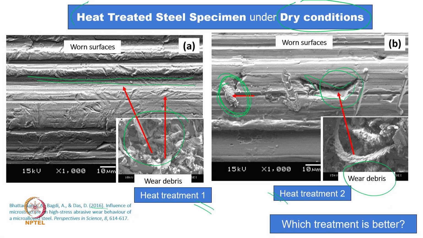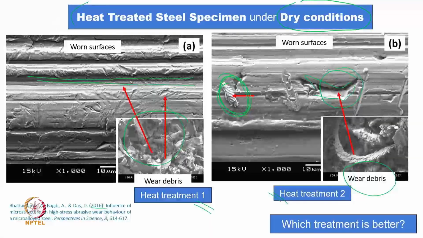However, when we try to figure out whether debris size is bigger or smaller, we are able to find that the specimen which has come out of heat treatment 1, in comparison to heat treatment 2, generates debris that is bigger or longer, and that is why we say heat treatment 1 is not as good as heat treatment 2. If I have to compare just these 2, that is the conclusion.